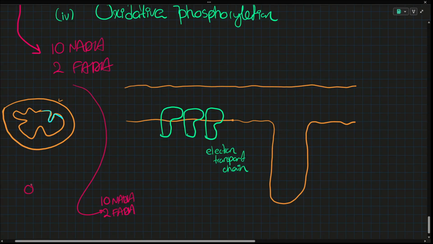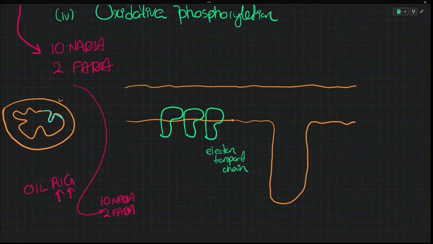Remember OIL RIG: reduction is the gain of electrons. So now these NADHs and FADHs have plenty of electrons in them, and they empty their electrons onto the electron transport chain.